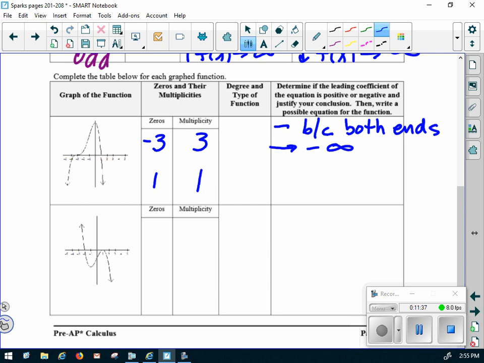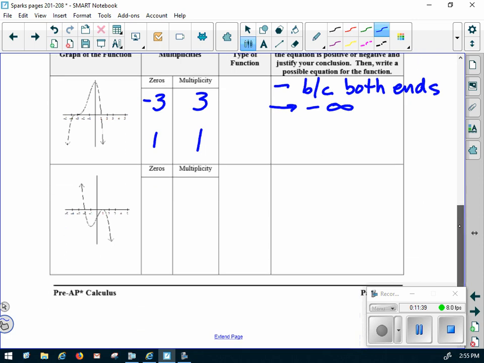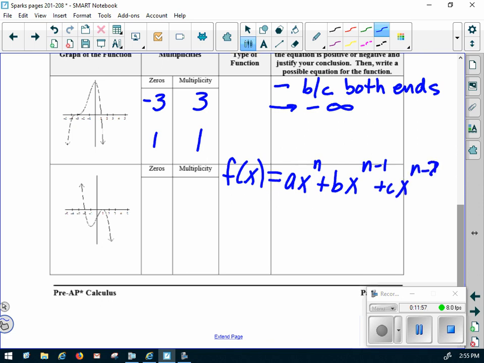Now I want to remind you of something before you do that. A polynomial, and this is going to make your hair stand up a little bit, but I don't want you to stress about it. a times x to the n plus b times x to the n minus 1 plus c times x to the n minus 2 plus, and so on, plus w times x to the 0.